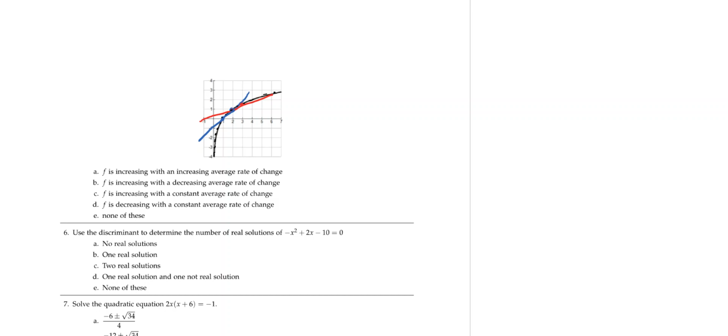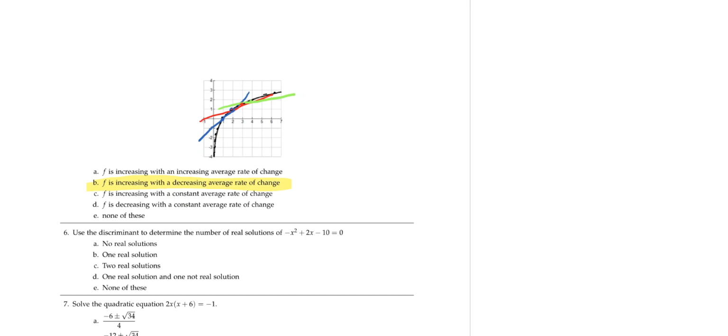And then between 3 and 4, this is another one. So you notice that these slopes are positive, but they are decreasing. There's less inclination, right? So that means that the answer is f is increasing with a decreasing average rate of change.